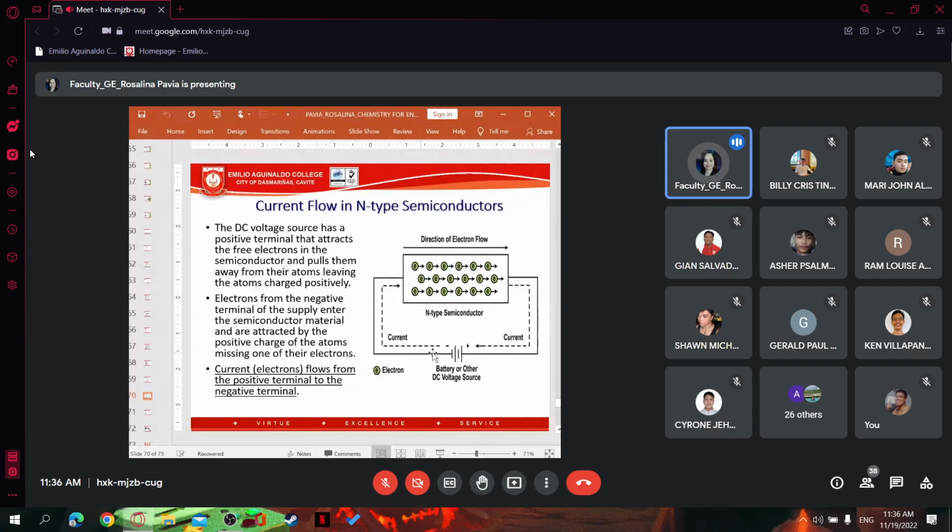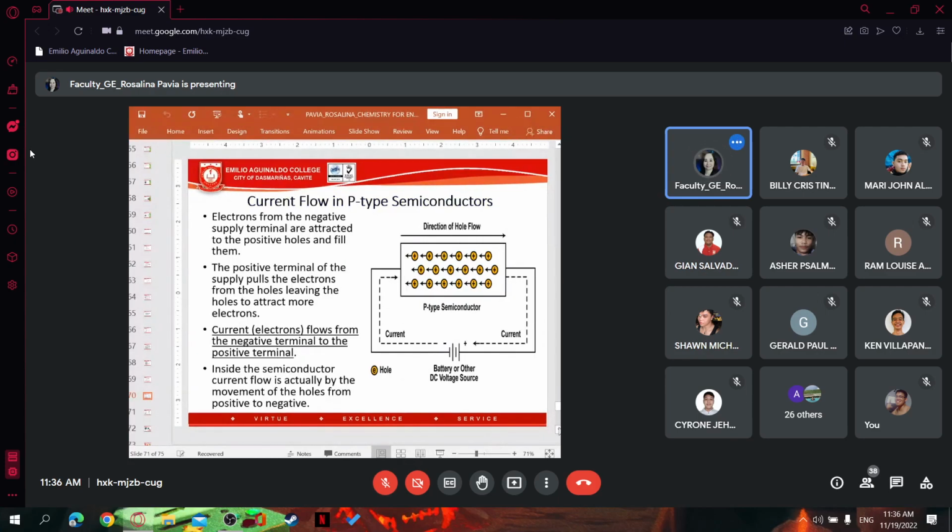Electrons from the negative terminal of the supply, your battery or other DC voltage source, enter the semiconductor material and are attracted by the positive charge of the atoms, missing one of their electrons. So the current flows from the positive terminal to the negative terminal.